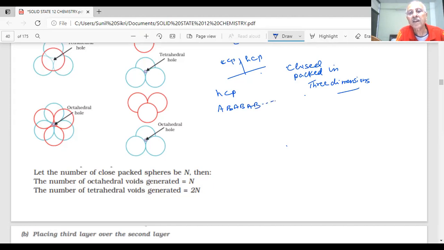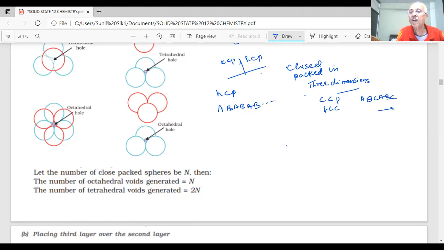In the case of CCP, cubical closed packing, it is an ABC type of layer arrangement.